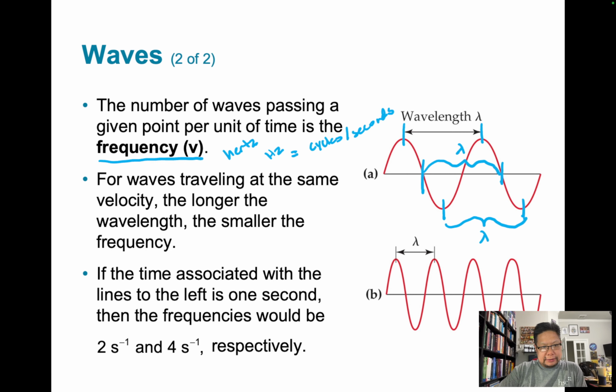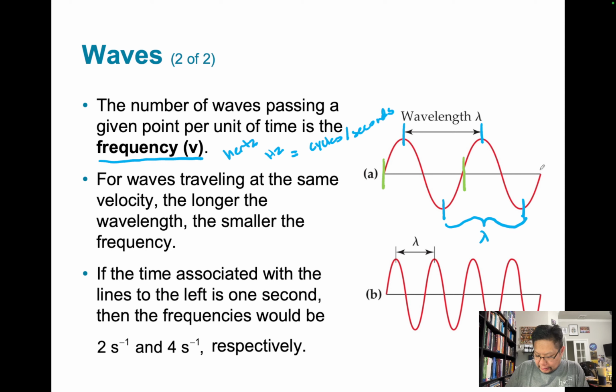Let me erase some of this. I'll go over to green now. Okay. So I'm going to draw another position for a complete wave, but a complete wave is a section of a wave that has both an up and a down, right? Or a peak and a valley. So that's a complete wave.